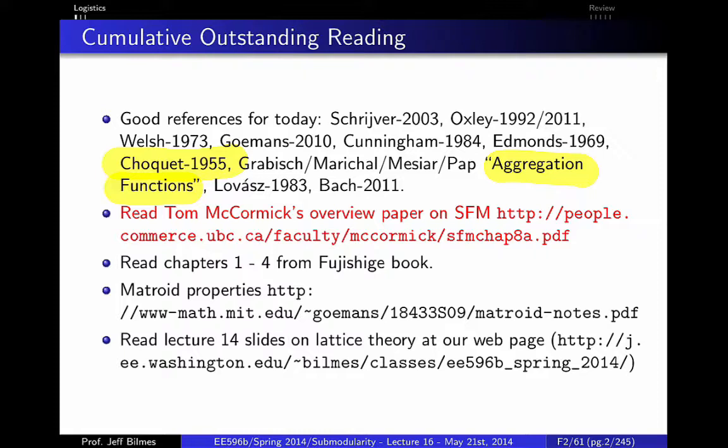So it's essentially a set of papers, but there's also a nice book that's worth taking a look at. Of course, Lovász's original 1983 paper, and then Francis Bach has a nice overview of the Lovász extension that is available for free online. All of these things you can get by web searching them. And then, of course, Tom McCormick's overview of submodular function minimization.